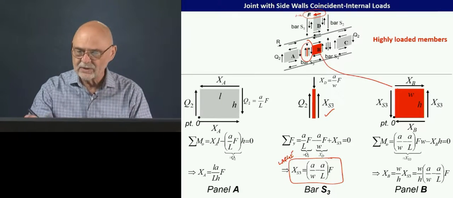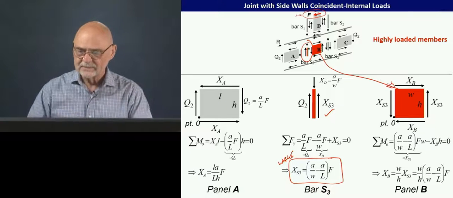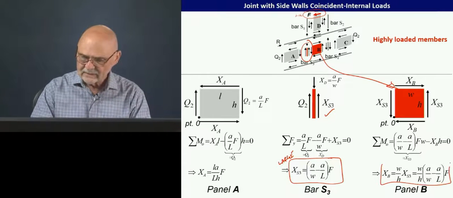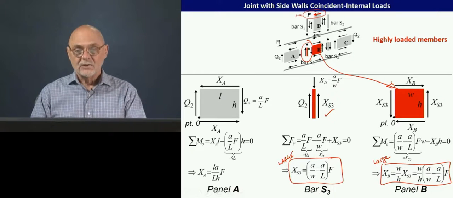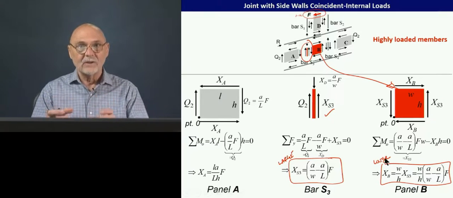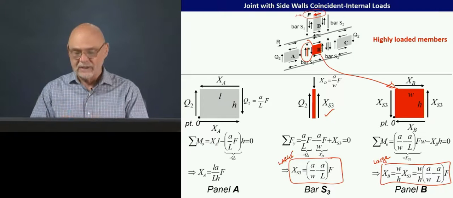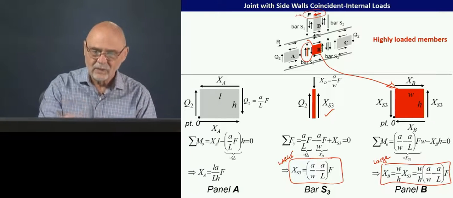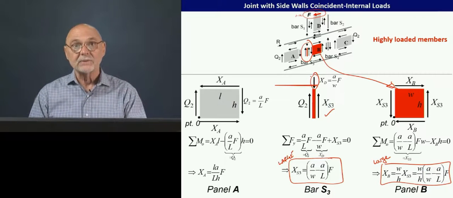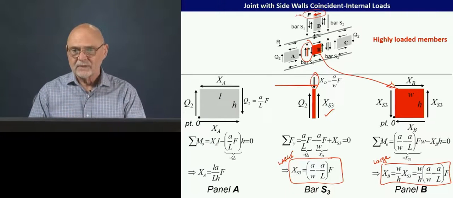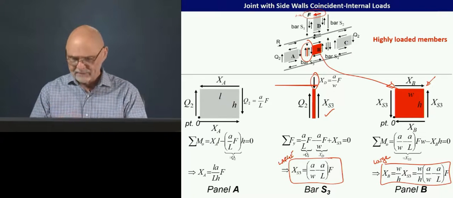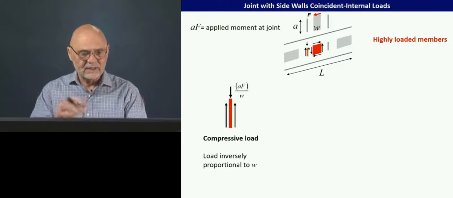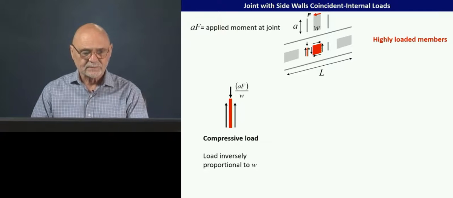And the shear panel B, these are also very large. These are the highly loaded areas of this little joint, and one of the bad things here is that bar 3 is loaded in compression, so it will tend to buckle, and this is in shear, so it can tend to shear buckle.